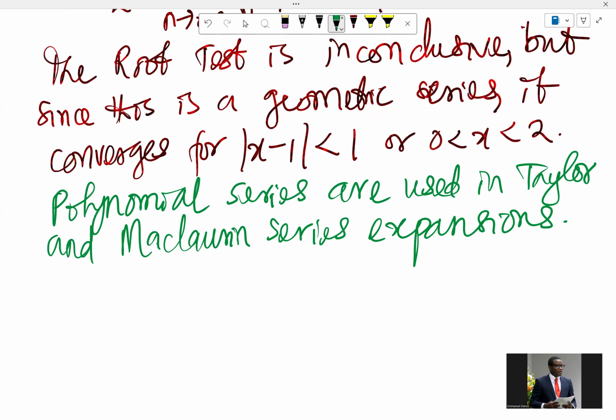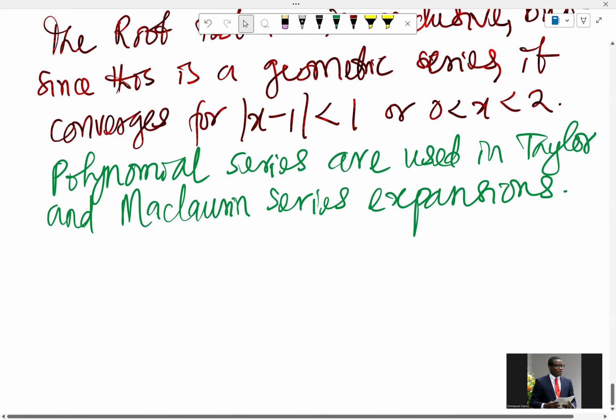Power series are very powerful, such that for any kind of expression you have, you can get their expansion. You can get a polynomial expression for any kind of function like trig or anything like that.